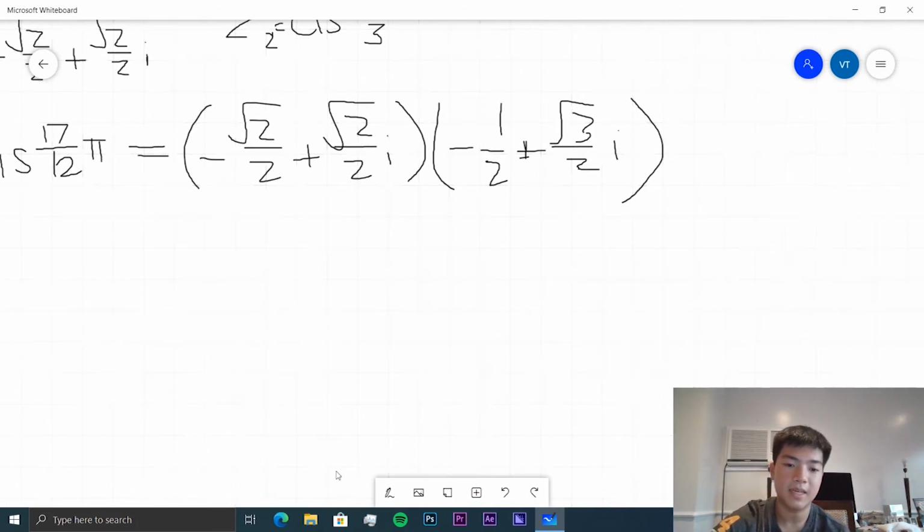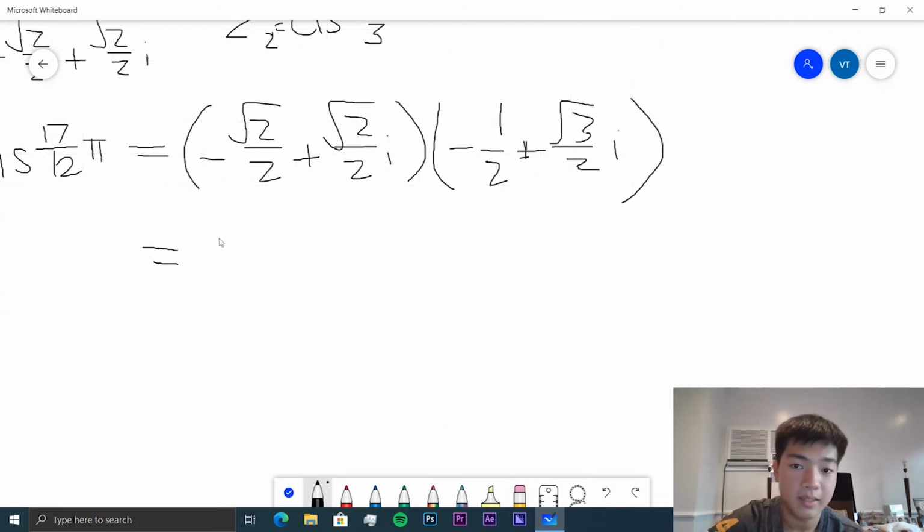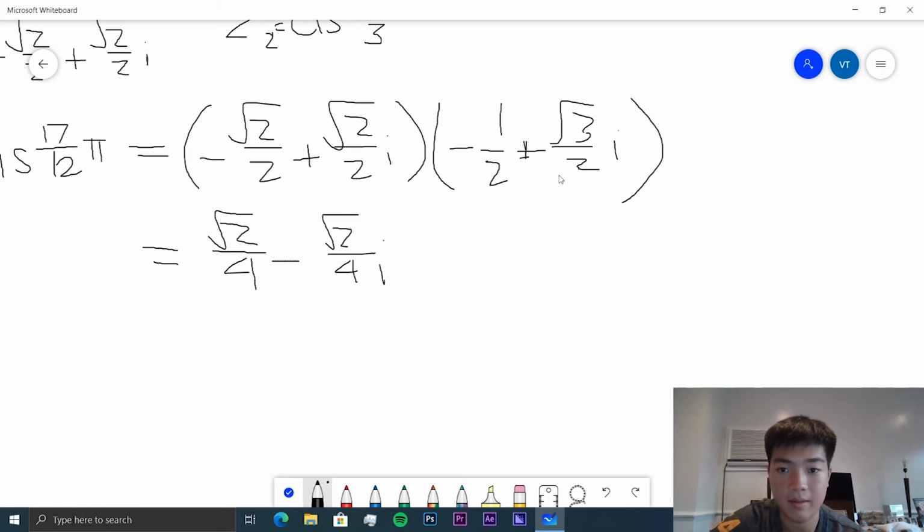So if we multiply this out, we get square root 2 over 4 minus square root 2 over 4 i minus square root 6 over 4 i minus square root 6 over 4.